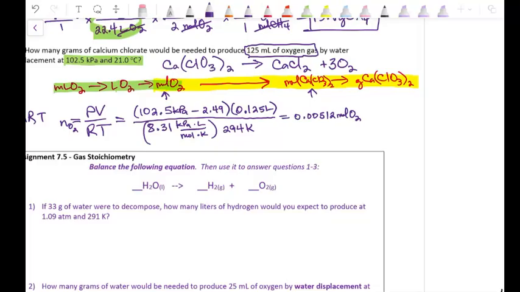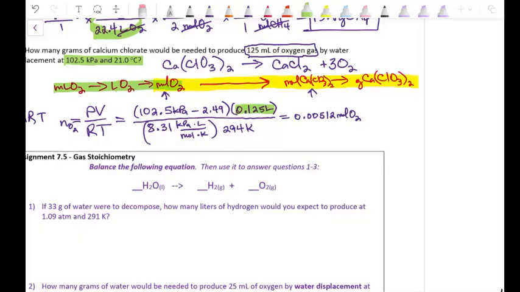Okay, so now I used the ideal gas law and I found my moles of oxygen. I didn't show this part, but I did go ahead and divide 125 by 1,000 to get my liters, because it was 125 milliliters, but I just did that in my head by moving the decimal. But that is important, so make sure you've done that.